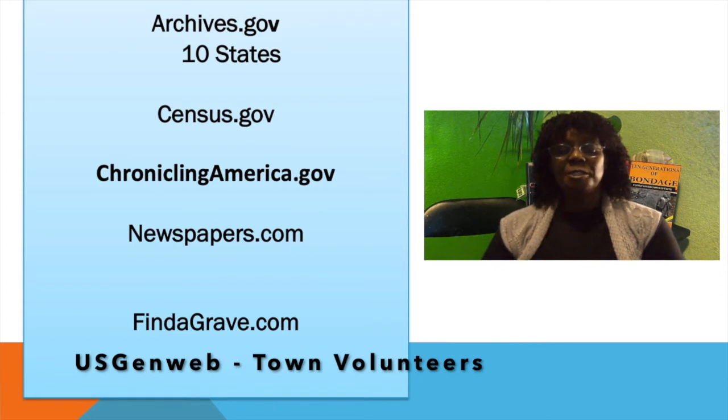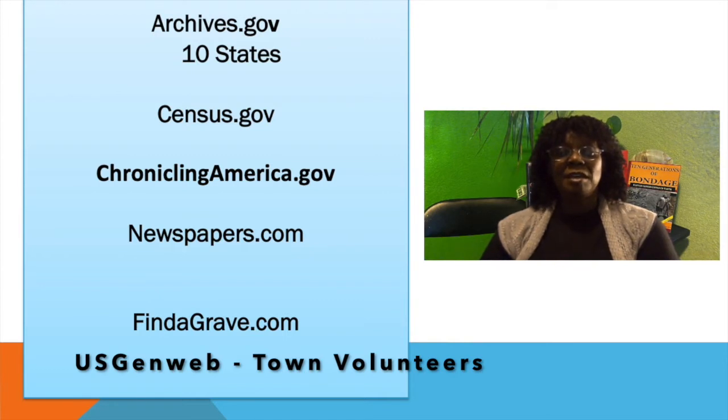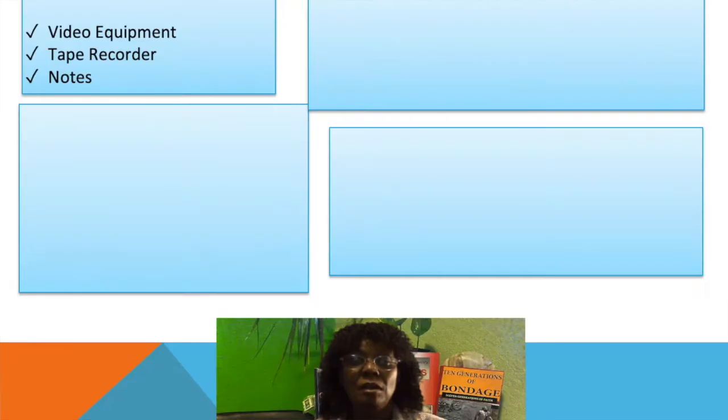So there's a myriad of websites, and they're all in my book if you have that. If you don't have that, if you email me, I'll send you a list of some great websites to look at, okay?